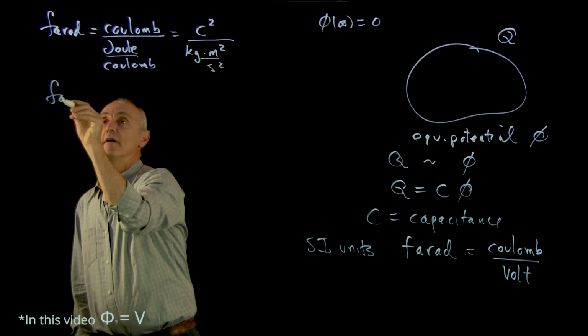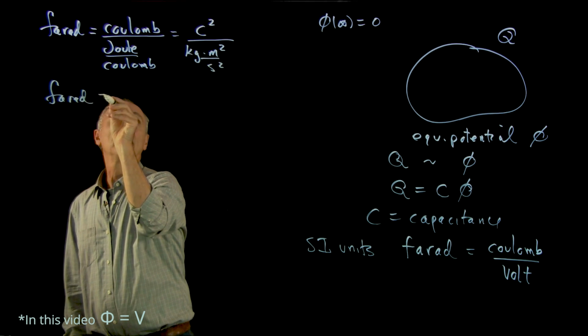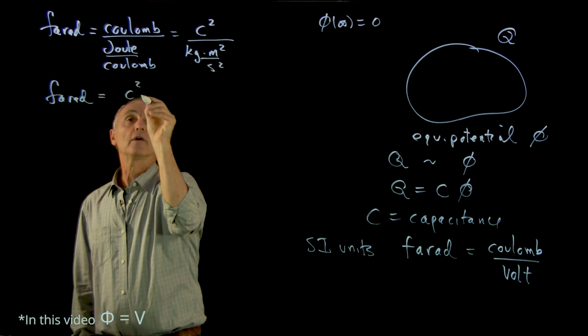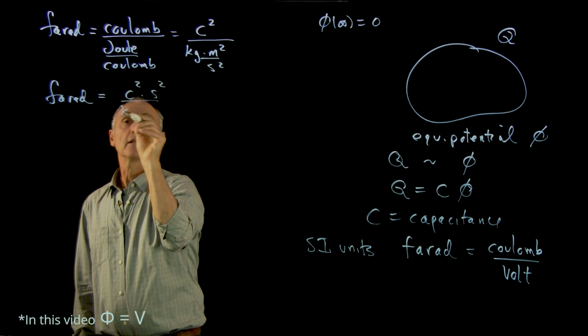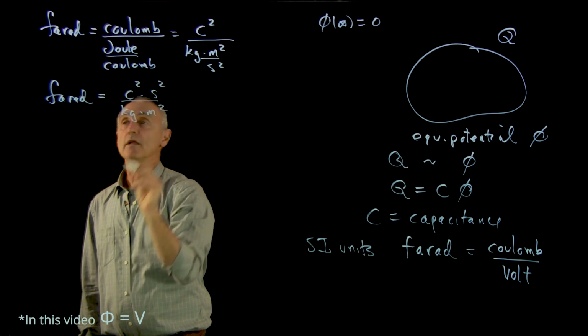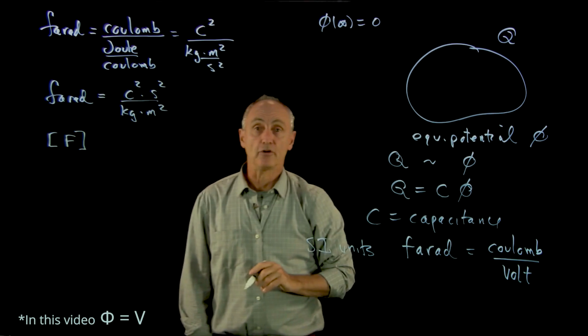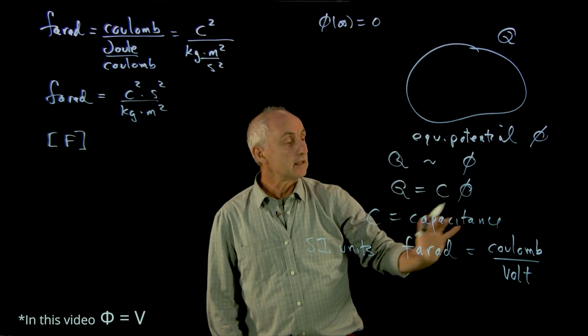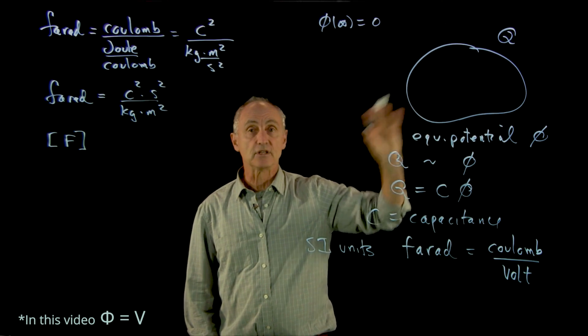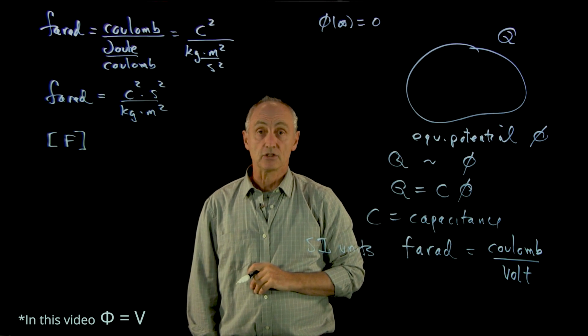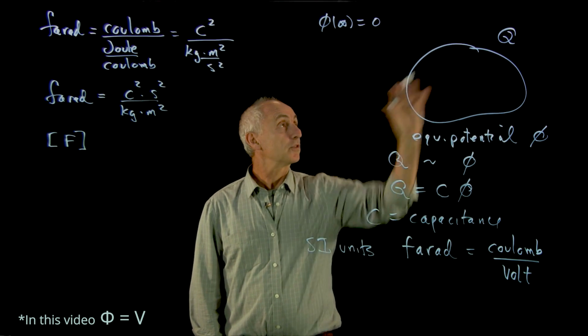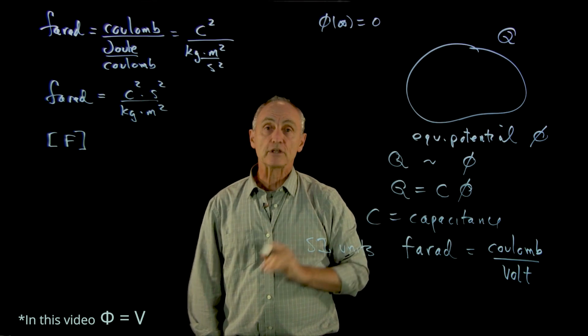And so we have this complicated relationship where we have coulomb squared, second squared, kilogram meter squared. And sometimes we denote this by an F for a farad. And that is a description of the capacitance of an isolated conductor with a charge Q. We'll now look at some examples.